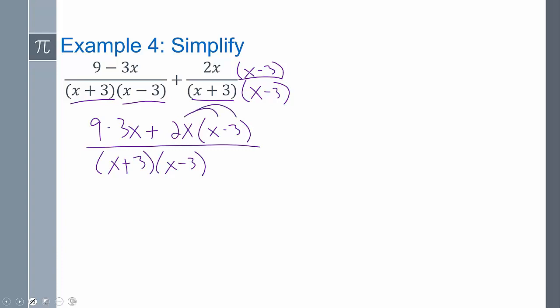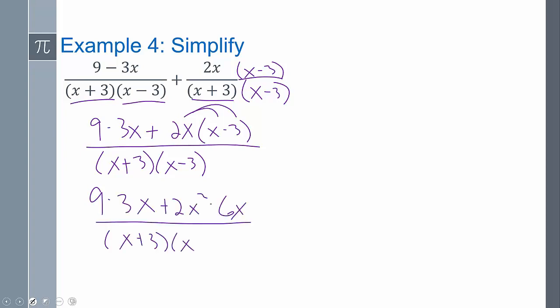So the 2x's will distribute. And so now kind of reorganizing this a little bit. So I'm going to have 2x squared. The 3x and the minus 6x will turn into minus 9x, and then I have plus 9. So let's see how this is going to factor. So a times c, 18.